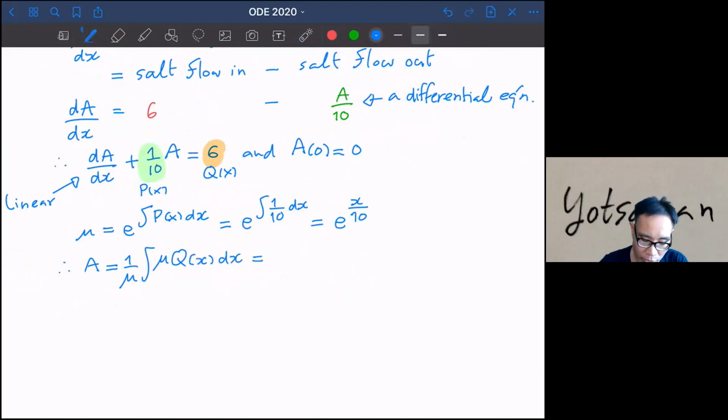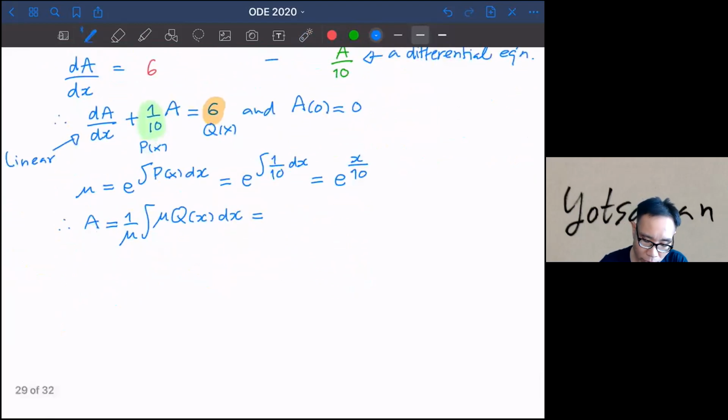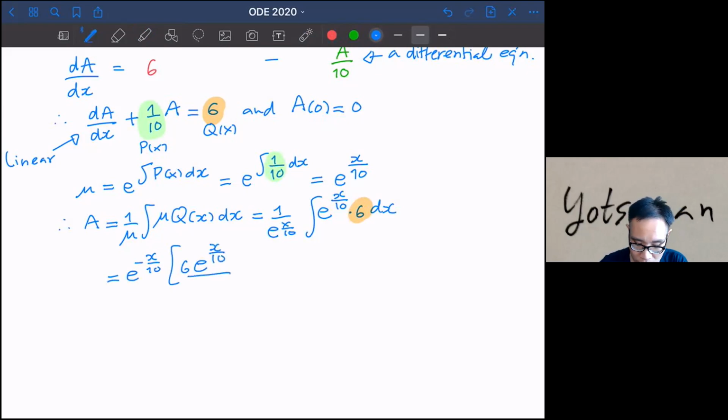So it's 1 over e to the x over 10, and you integrate e to the x over 10 multiplied by 6 dx. This is e to the negative x over 10, times 6, times the integral of e to the x over 10, which is e to the x over 10 over 1/10, plus the constant c.